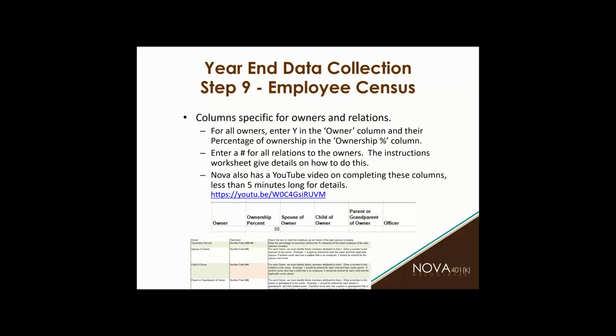And then the instructions worksheet also gives you exact instructions of how to complete these columns, all right? So please make sure you do look at that instructions worksheet of the census template to help fill these out. And then also watch that very short video on just these columns on how to fill out the relationship columns and what we're looking for. And here's a link to it, okay?